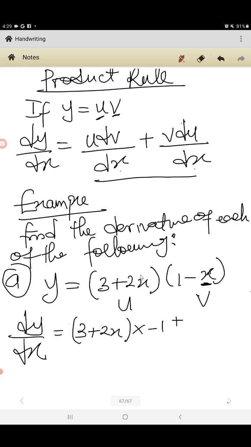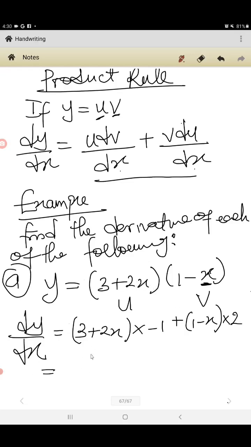So what is the value of v? It is 1 minus x, and you write the whole v back, multiplied by the derivative of u. 3 is a constant, and 2x gives you 2.